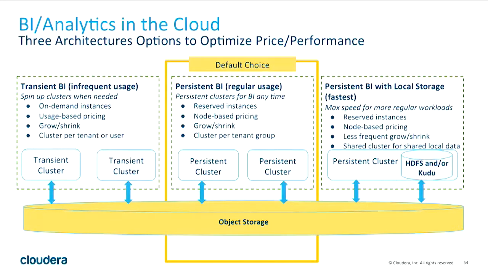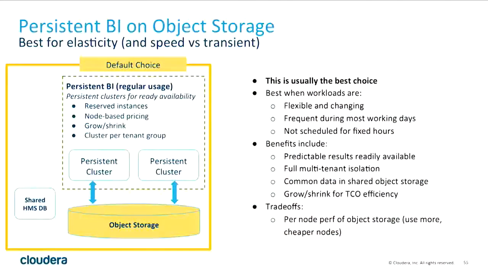Generally for BI, as Fred mentioned, running against a persistent BI cluster with object store is your best and default choice. Unlike data engineering, where the job is a controlled and scheduled entity, here you have users that may be running queries at any given time.